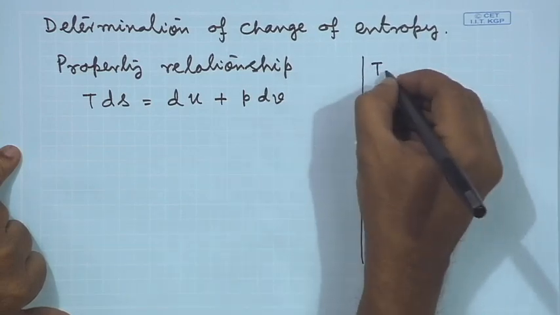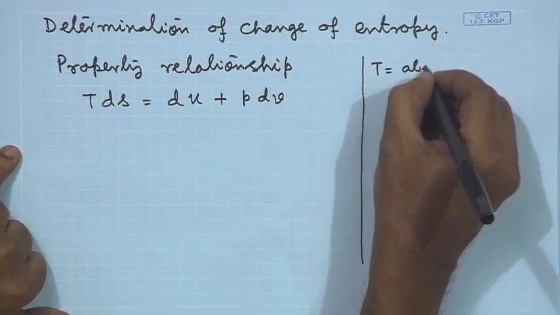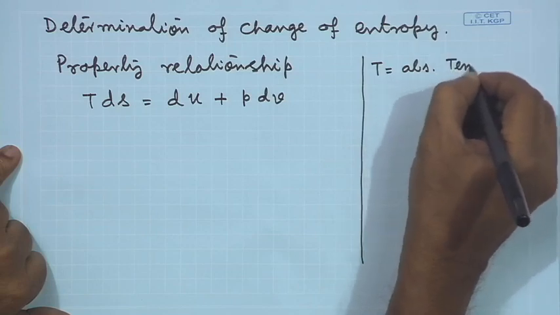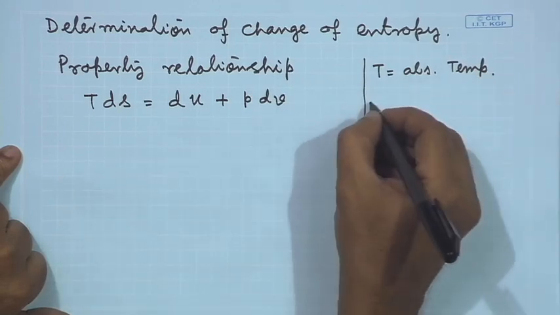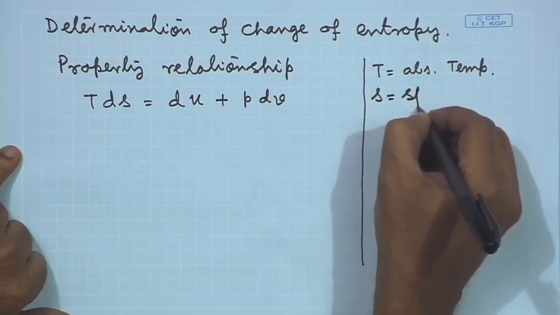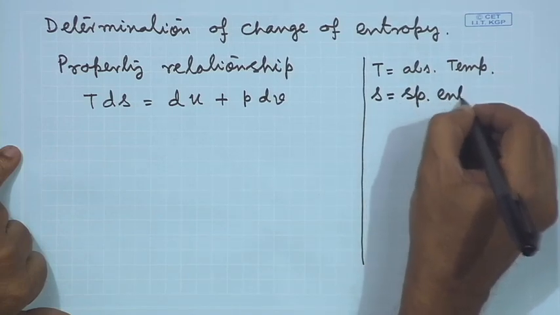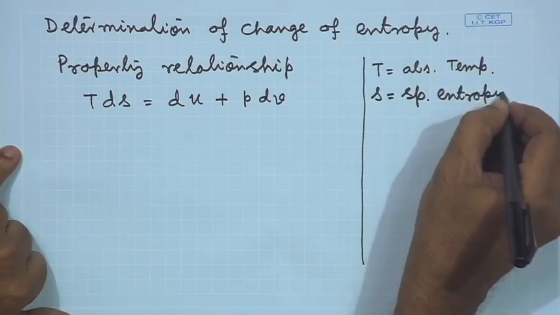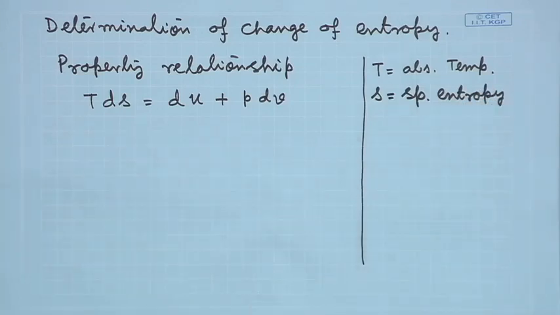T already we know this is absolute temperature, S is specific entropy. You see, I have used lot of small letters. For S I have used small letter, U I have used small letter, and V I have used small letter. These are specific properties.